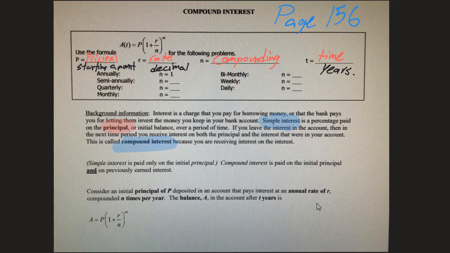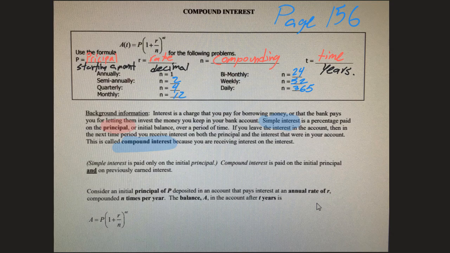Annually, n equals 1, once a year. Semi-annually, twice a year. Quarterly is 4 times a year. Monthly, or 12 months. Bi-monthly, so twice a month, is going to be 24. Weekly, 52 weeks in a year, and daily, 365 days in a year.